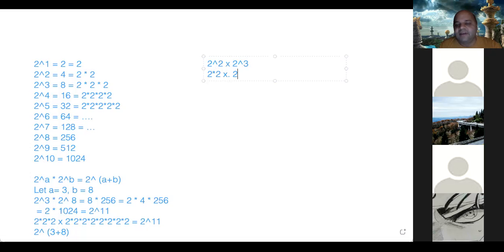What does this mean? 2 raised to 2 is 2 into 2, and multiplied by 2 raised to 3 is 2 into 2 into 2. Correct? So this is nothing but 2 into 2 into 2 into 2 into 2. Correct? And this is nothing but 2 raised to 5. And so 2 raised to 2 into 2 raised to 3 is nothing but 2 raised to 2 plus 3.